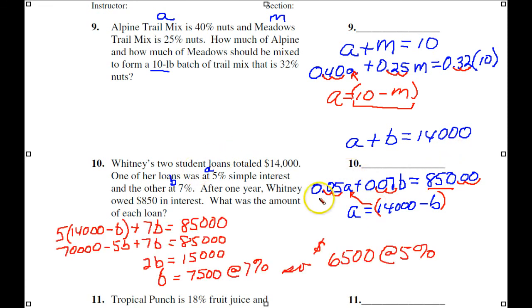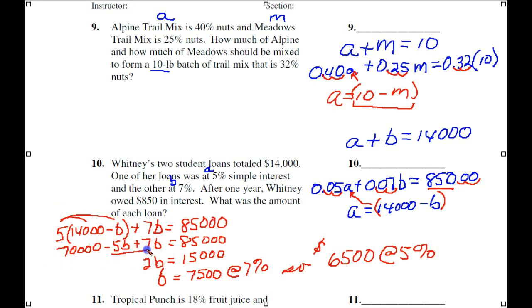Okay, so what I did is I said then, after I got rid of my decimals, 5 times A, which is this, is 5 times that, plus 7B. 7B is 85,000. So I distributed that, and I get this.